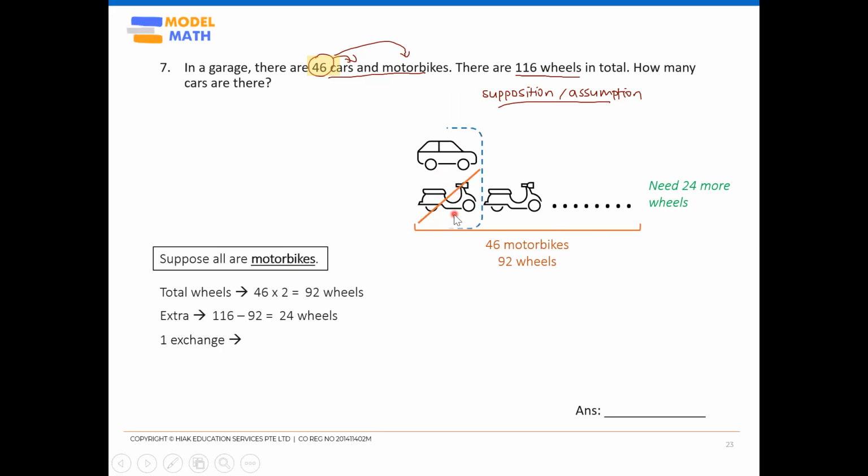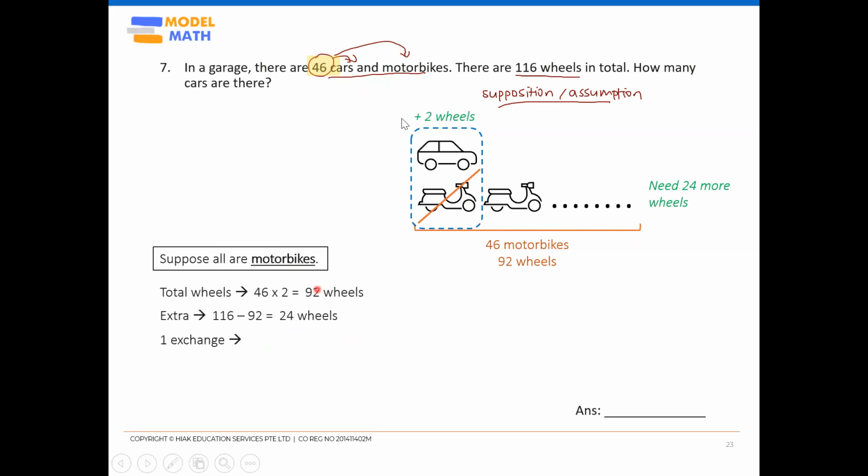Now, in this one exchange, let's think about what is the increase in the number of wheels. From a two-wheel vehicle, I replace it with a four-wheel vehicle. So I hope you can see that every exchange, I managed to increase by 2 wheels, because from 2 to 4 wheels, it's an increase of 2.